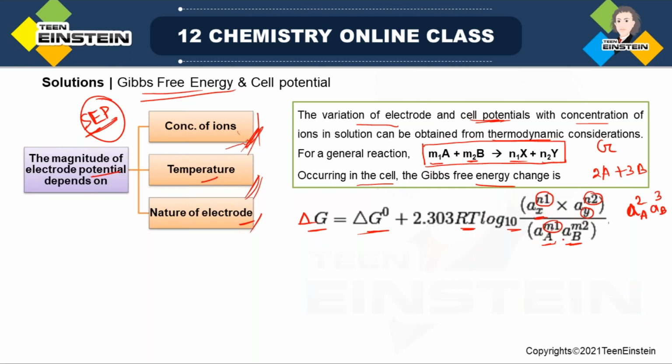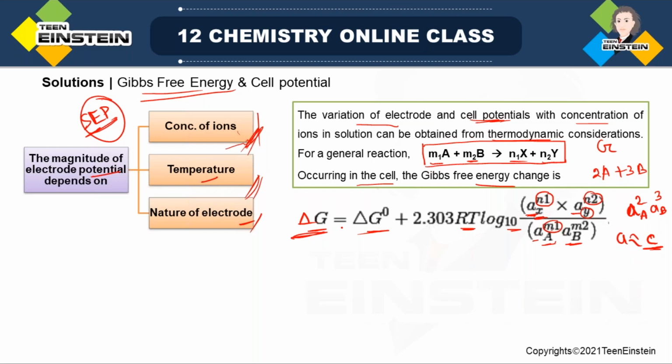Now activity for dilute solution is almost equal to concentration, so you can replace the activity terms with concentration terms. That is possible for dilute solutions. So this is the expression for del G, but we need the E value, E cell.